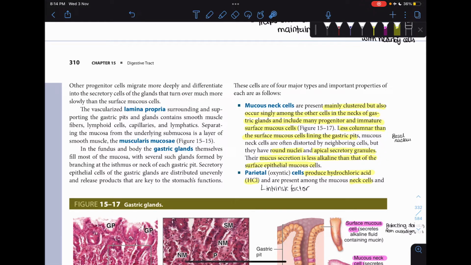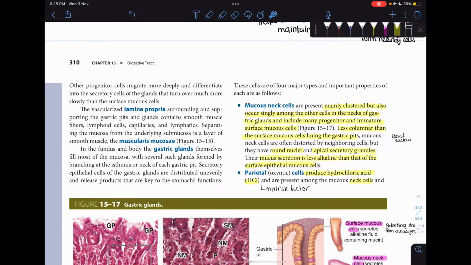The mucous neck cells are present mainly clustered, but they can also occur singly among the other cells in the neck of the gastric glands. So the mucous neck cells are mostly present as clusters, بس ممكن نلاقيهم as single cells, and they include many progenitor and immature surface mucous cells.